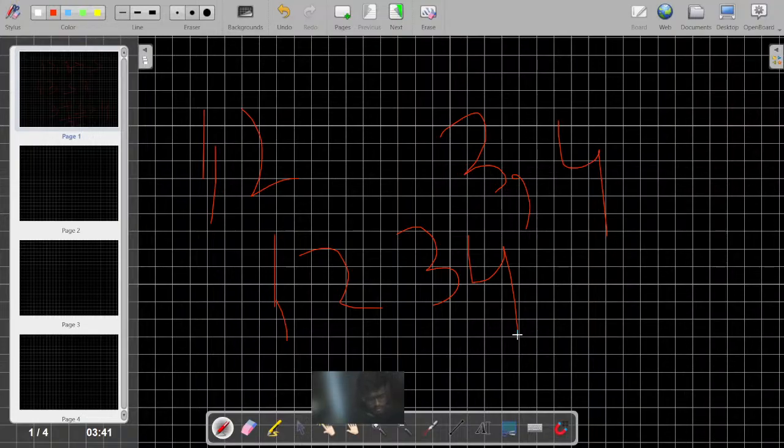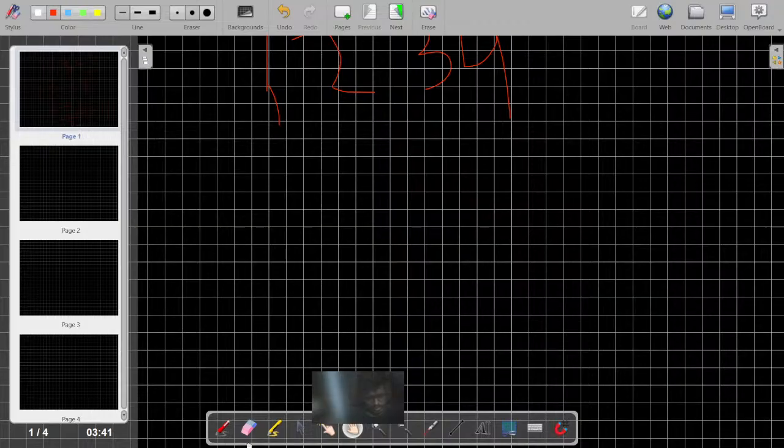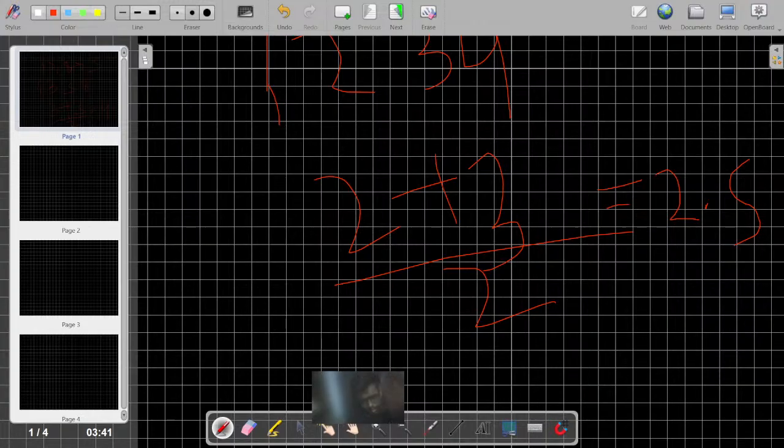If you don't know the median formula, it's (2 + 3) / 2, so here the answer is 2.5.